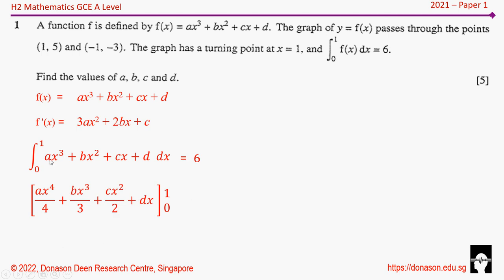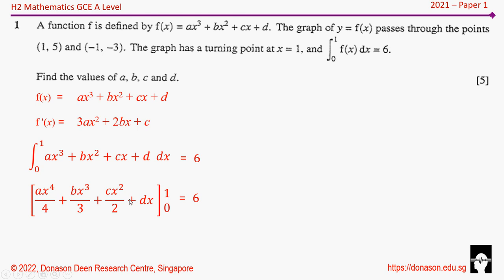The integral of ax³, we raise the power 3 to a power 4 when we integrate. So it's going to become ax⁴/4 + bx³/3 when we integrate the bx² term, and cx gives us cx²/2, and d, which is a constant, when you integrate it, gives you dx. Then here we have the limits of 0 to 1, and this should be equal to 6.